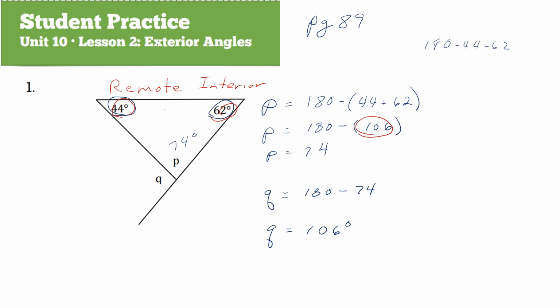This one plus this one gives you 106, and this one plus this one would give me the 74 in there.